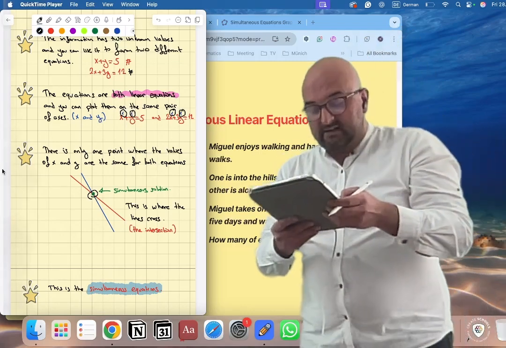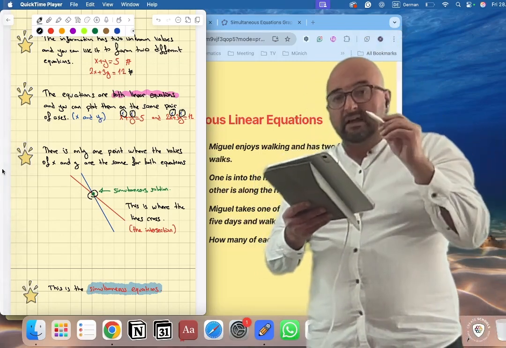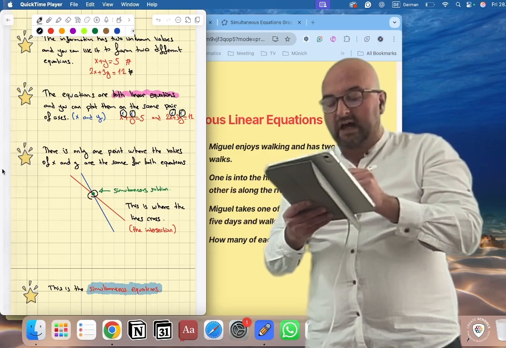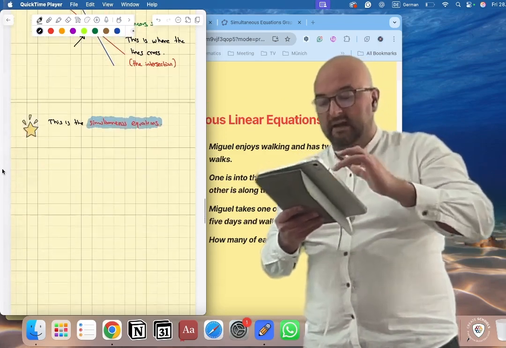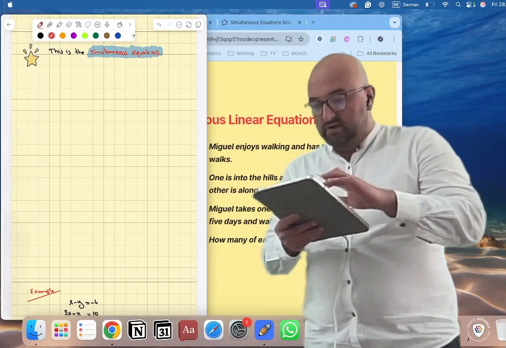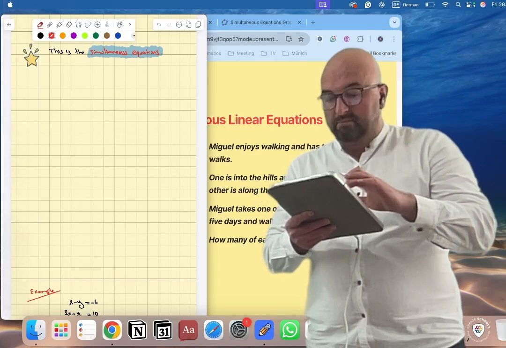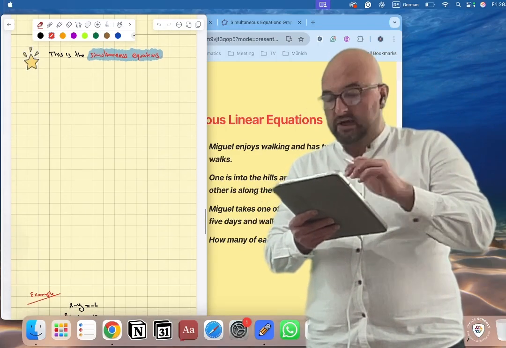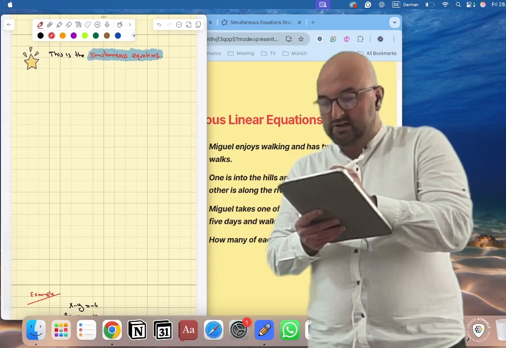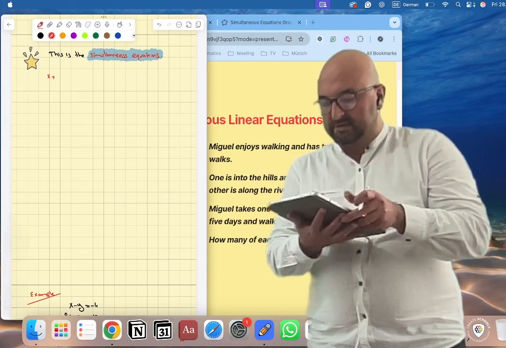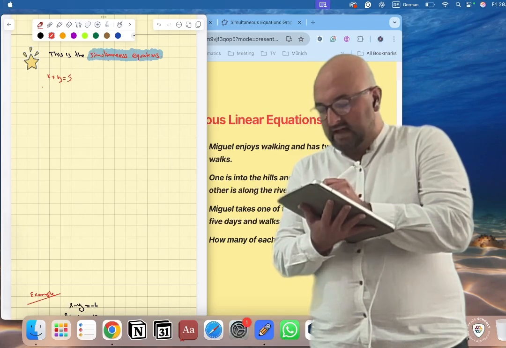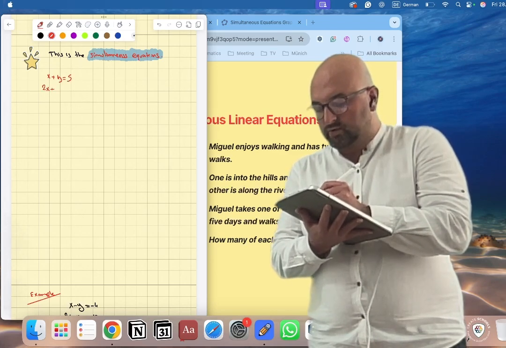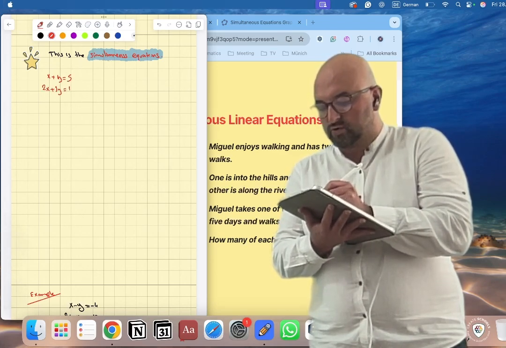Our goal is to find the coordinates of this point. Okay, now for the problem of Miguel, we have two different equations. The first equation is x plus y equals 5, and the other equation is 2x plus 3y equals 12.